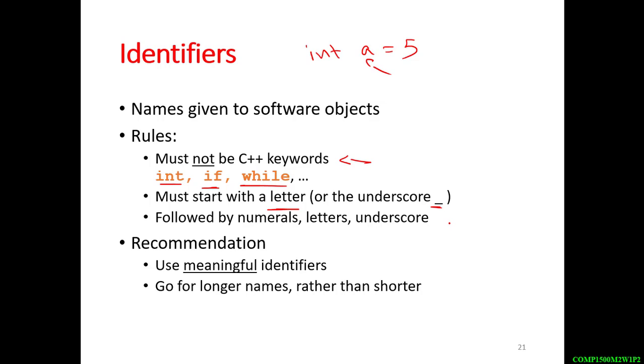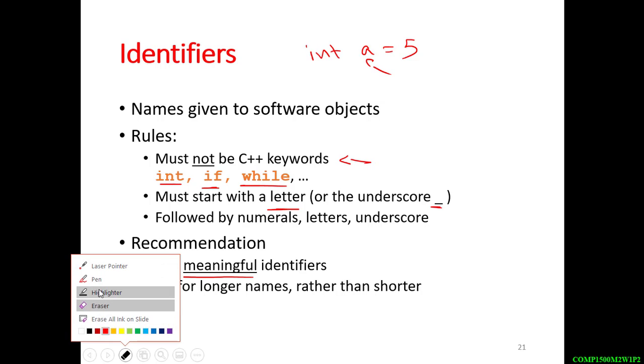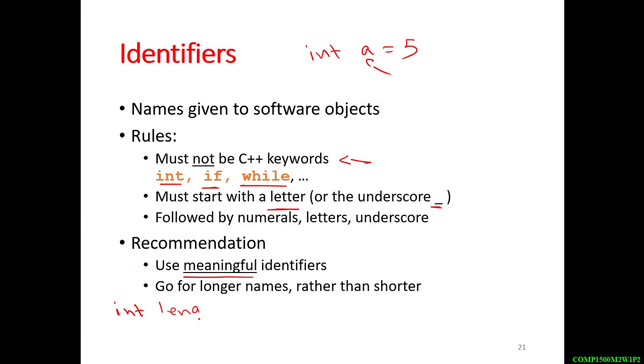Usually, use meaningful identifiers. So if I'm calculating the area of the rectangle, I'm going to say integer height, sorry, integer, here we use length, integer length is equal to 5. Of course, don't forget the semicolon. Integer width is equal to 2.